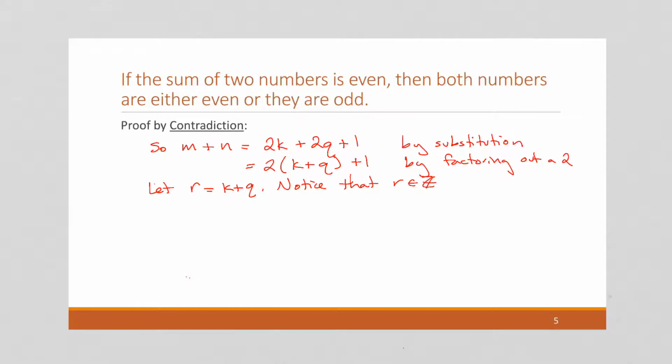Because of integer closure. And that's really important because with that, I can conclude, so m plus n equals 2r plus 1 where r is an integer, which is the definition of odd.